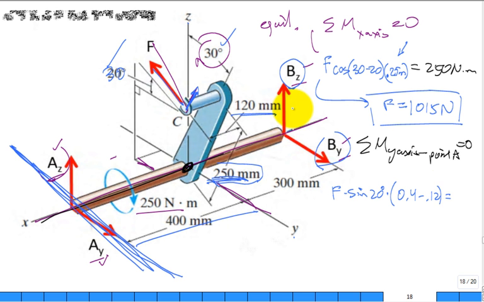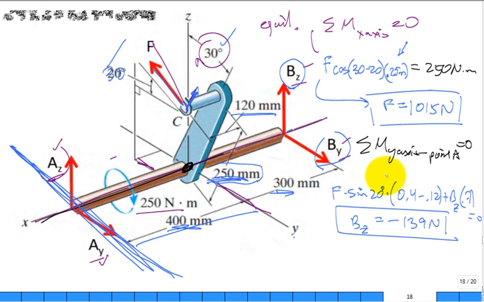And then what about BZ? That's a positive sense of rotation too. BZ times a perpendicular distance of 0.7, that's equal to 0. Where does the 0.7 come from? 0.4 and 0.3. So we find BZ is negative 139 newtons. What does the negative sign mean? It's in the opposite direction of what was assumed on our free body diagram.